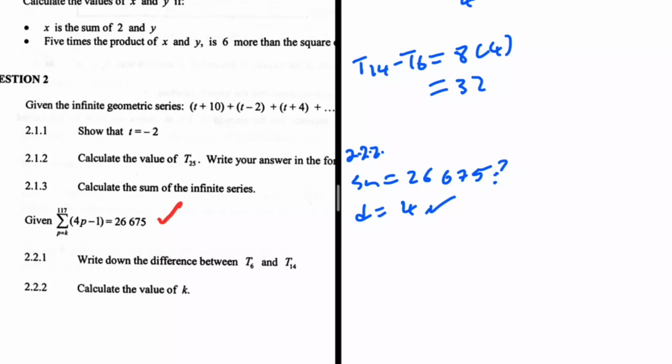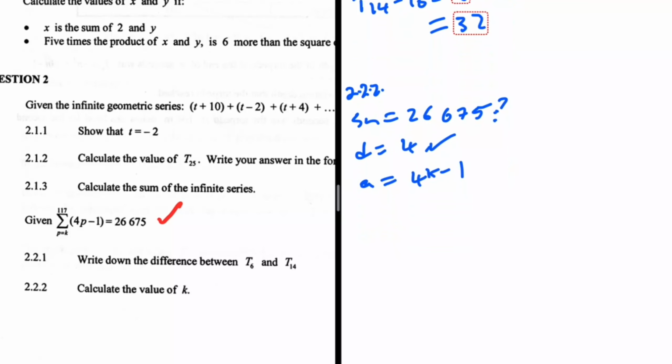Can we find the first term? Yes, we can, because the first term is 4k minus 1. We substitute k in place of p. So we have A, we have the difference. We don't have the number of terms, but we know that the number of terms is equal to the top number, 117, minus the bottom number, k, plus 1. So n is equal to 118 minus k.